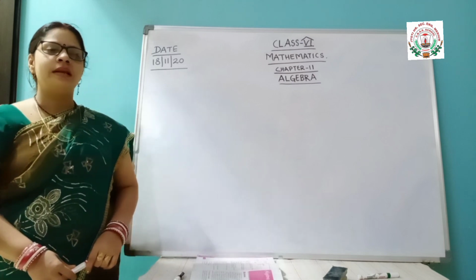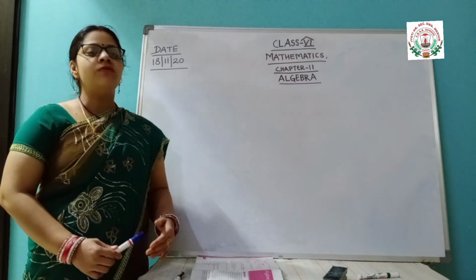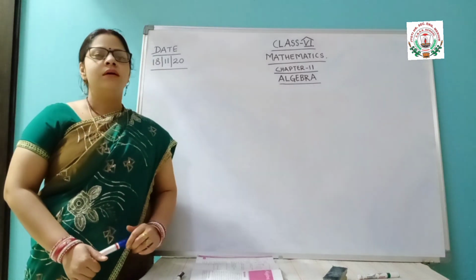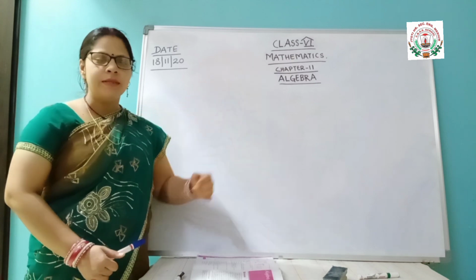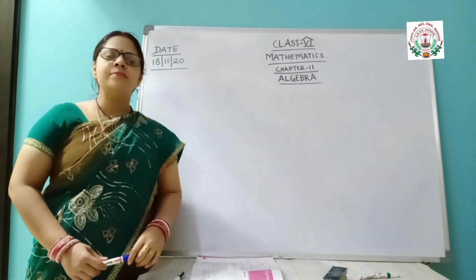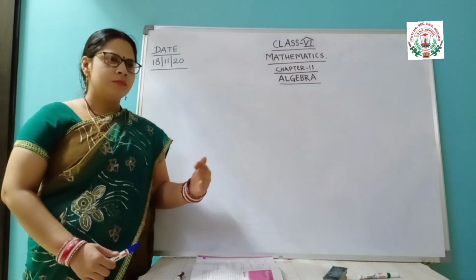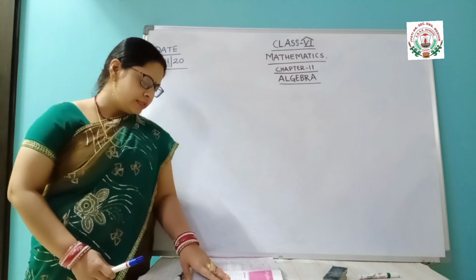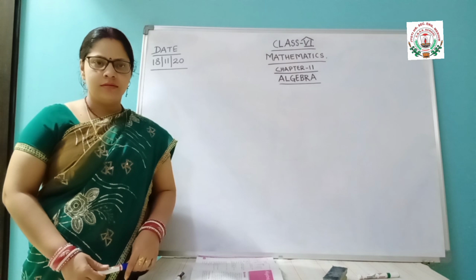Now first I will explain what this algebra is and what we are going to start in this chapter. This is the subject mathematics, and mathematics has various types, or branches.